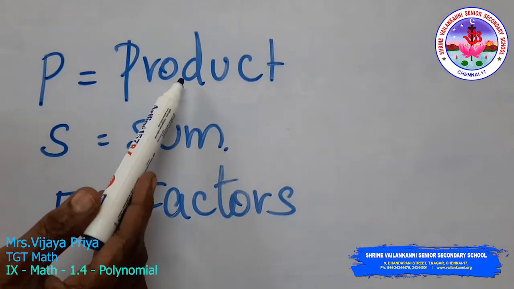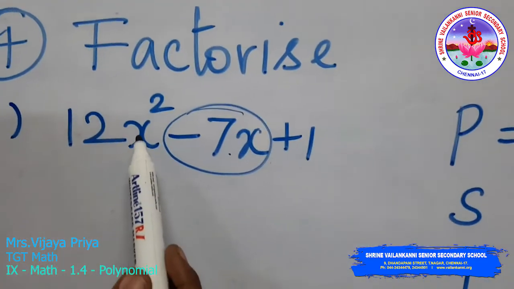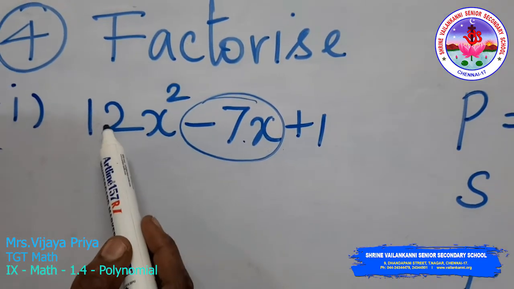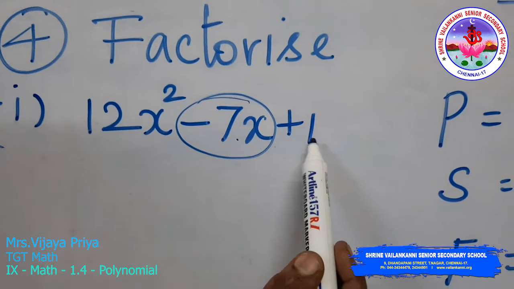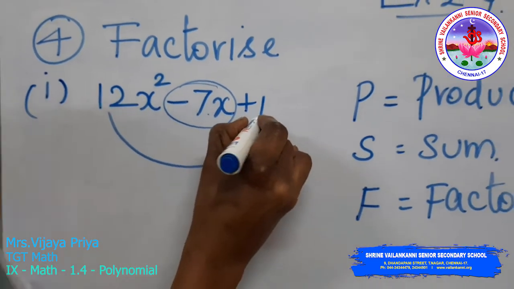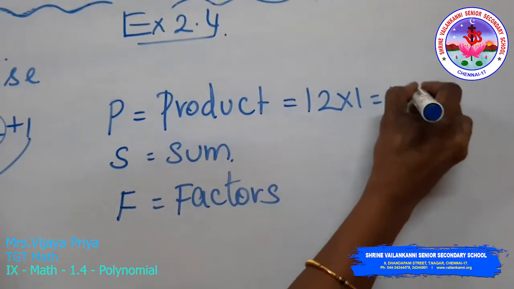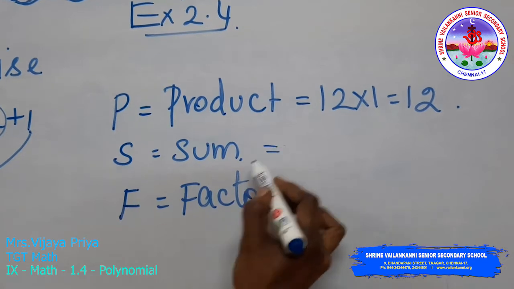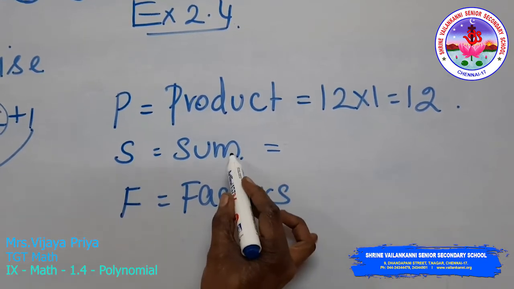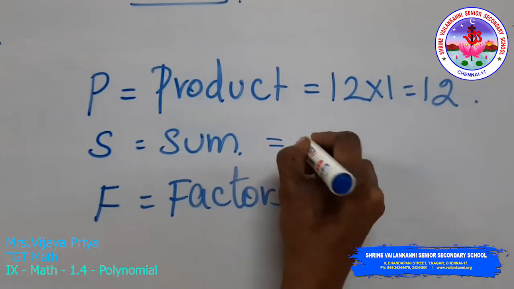For the product, I am going to take two values: the coefficient of x squared and the constant. So I am going to multiply 12 into 1. It becomes 12, where my sum is the coefficient of x, that is, minus 7.